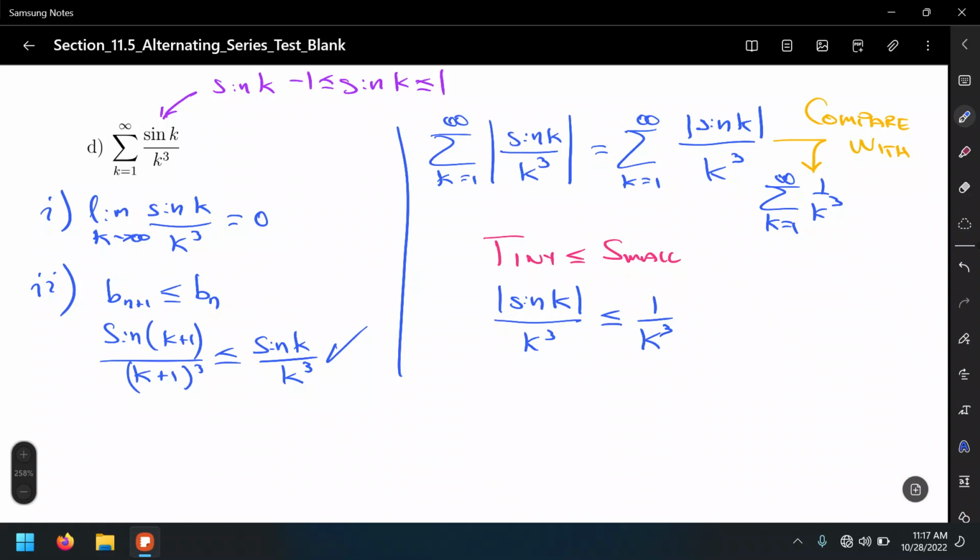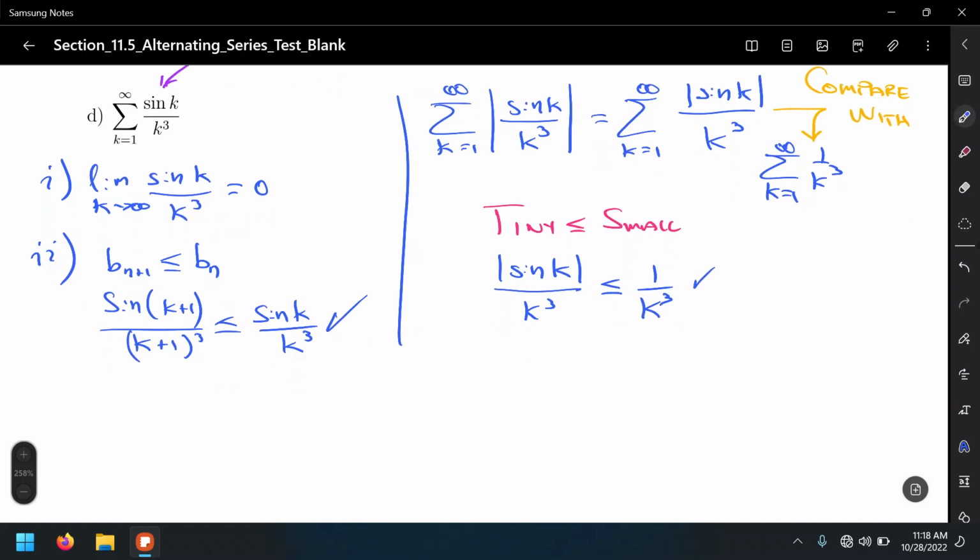It's the same quantity. However, what are the values of the absolute value of sine being attained in this case? Because it's an absolute value, it's not going to vary between -1 and 1. It's going to vary between 0 and 1, right? And any number between 0 and 1 is definitely less than or equal to 1. All right? So this is true.